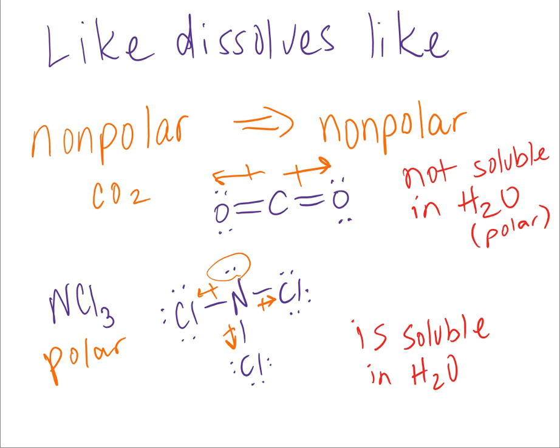So if you have an ion present, it will be soluble in things that are polar. So if we had a single ion present, so for instance, if we had the sodium cation, if we have this in the presence of water, they will be soluble, because they can form those ion dipole forces.